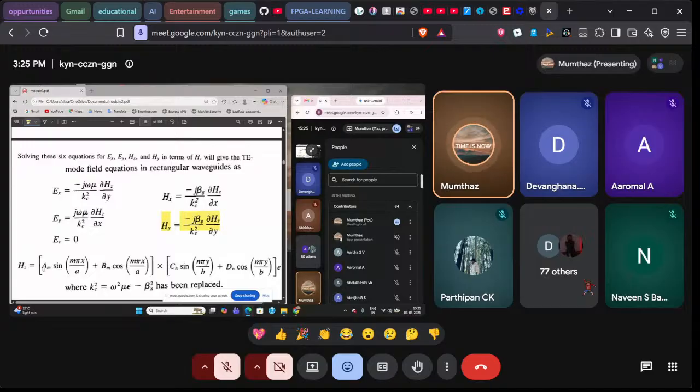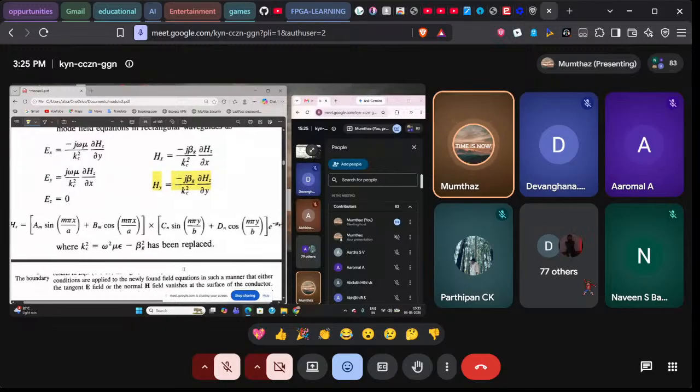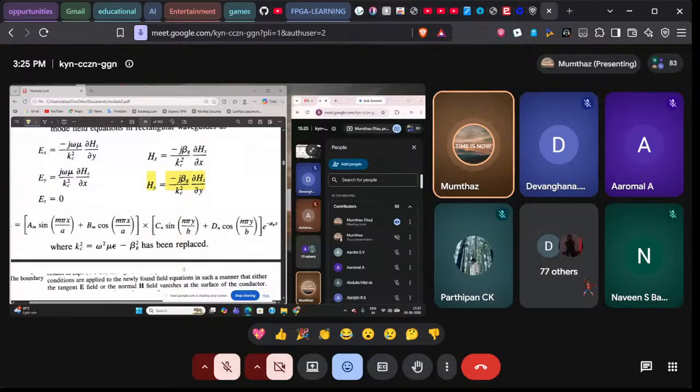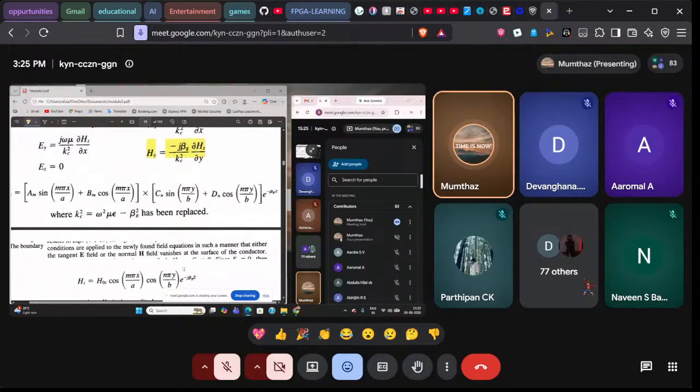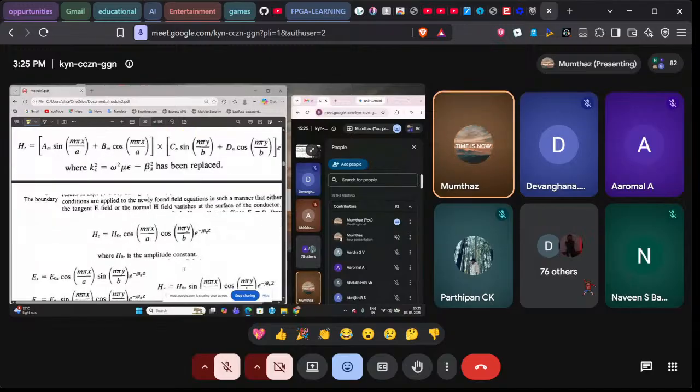We'll get A m sine m pi x by a plus B m cos m pi x by a into C n sine n pi y by b plus D n cos n pi y by b e raised to minus j beta g z. Okay. So this is what you have to write in your exam. You have to write the field equations for TE mode in rectangular waveguides. You will get these equations.